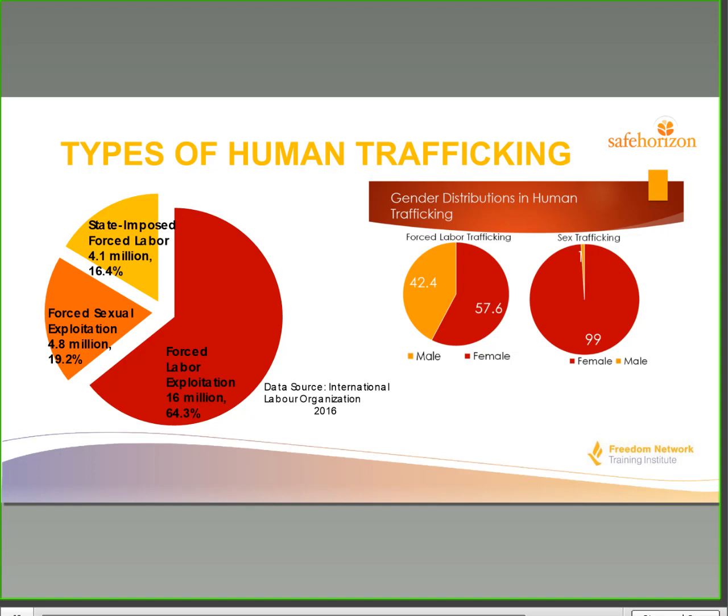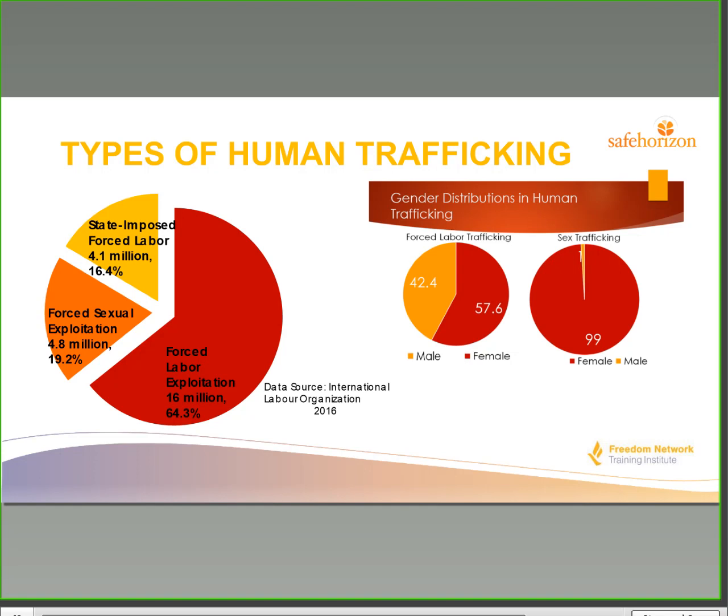Sex trafficking typically is female identified dominated, but we have to keep in mind a number of factors. The biggest one being that many people underreport. Many people may not even understand that they are being trafficked in the first place.